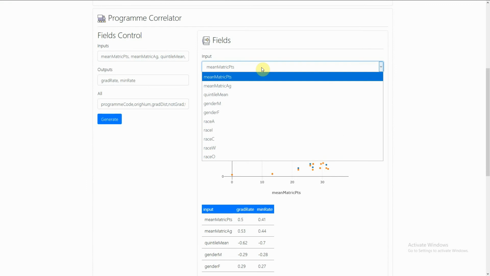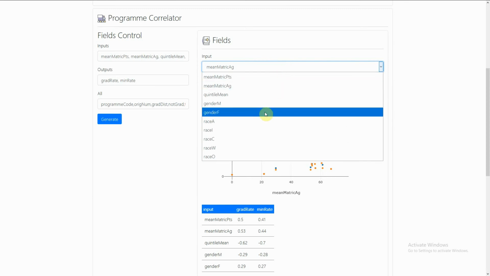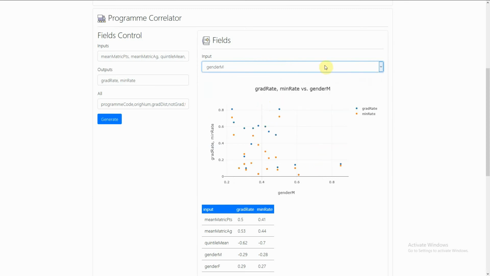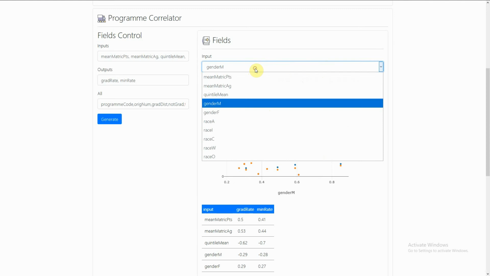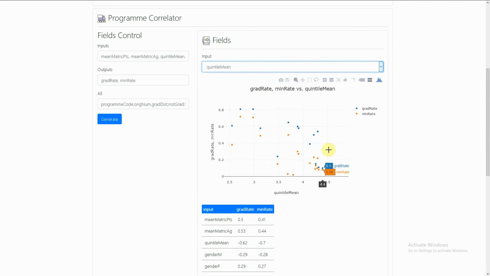And you can change this variable, so your matric aggregate is shown there, and we can again estimate some kind of positive correlation. We can also look at gender. And here it is known that males are struggling in comparison with females, so gender is playing a role currently. And of course, race and quintile, those are other variables.